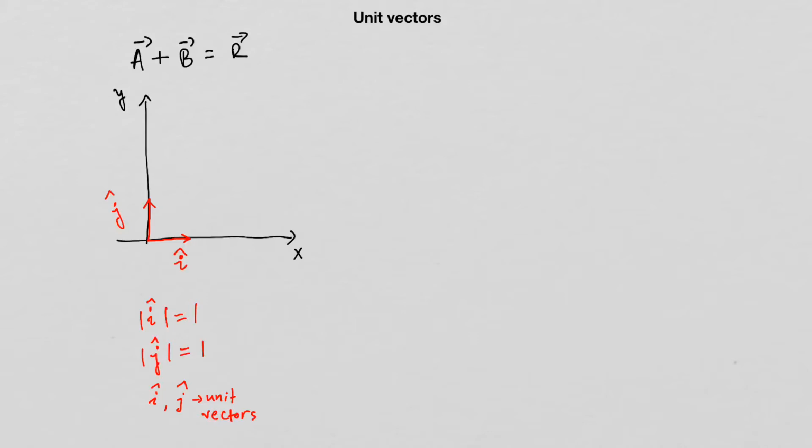So then, if you look back at the original sum that I wrote up here, I can present each of those vectors, A and B, as the unit vector along the coordinate axis that they lie on times the magnitude of that vector. So let's have vector A along the x-axis, vector B along the y-axis.